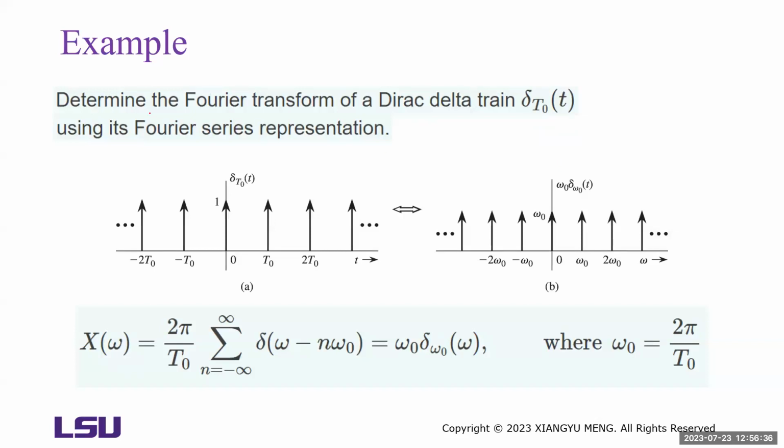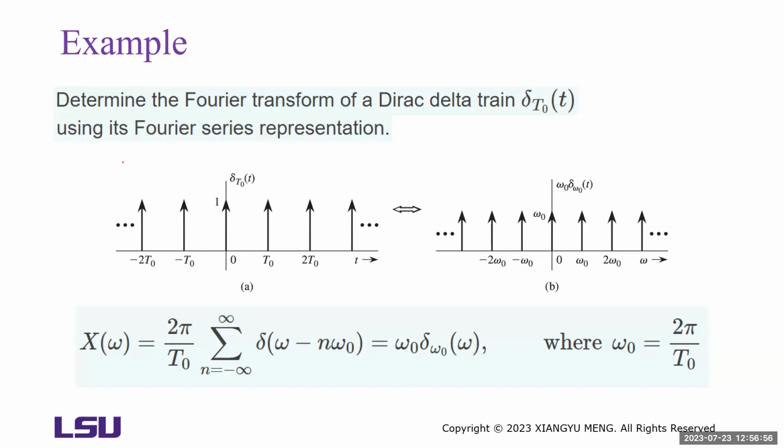This example is to determine the Fourier transform of the Dirac delta impulse train delta T0(t). The period is T0. So let's use its Fourier series representation to find the Fourier transform.